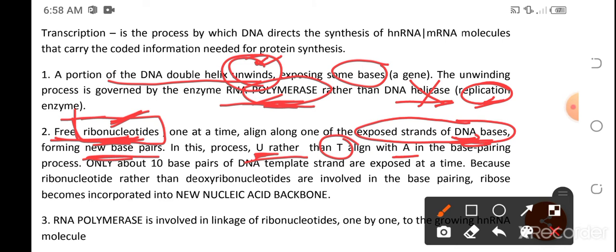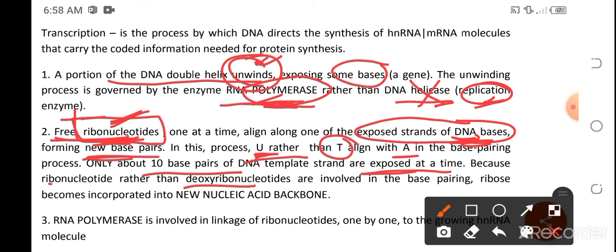Okay, and only 10 base pairs of DNA template strands are exposed at a time. Okay, kasi nga this unwinding is under the direction of RNA polymerase. Okay? So, ulitin natin, ribonucleotides are involved during base pairing rather than a deoxyribonucleotides. Okay?